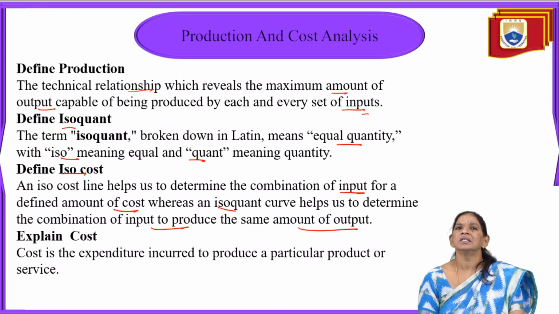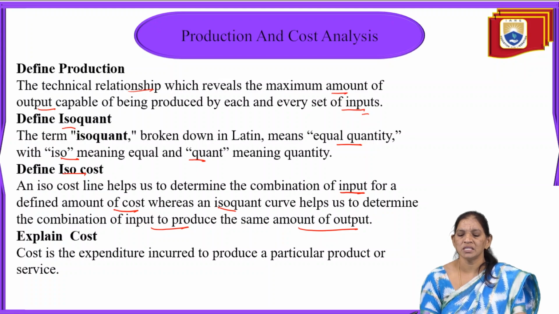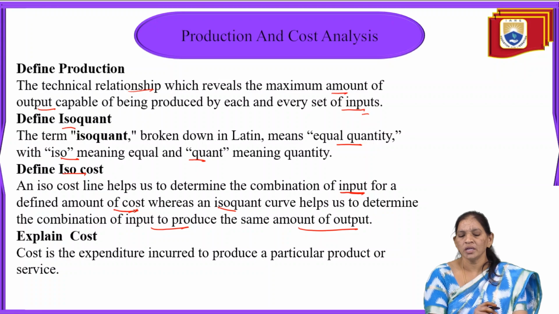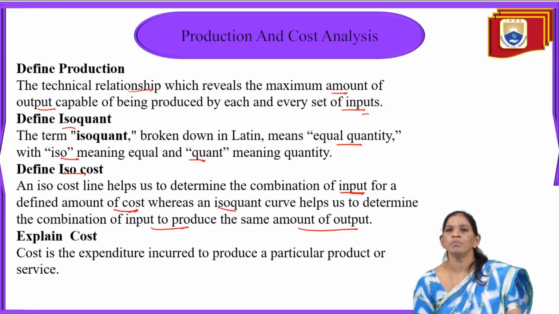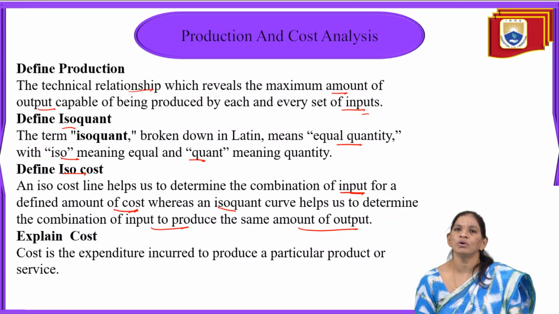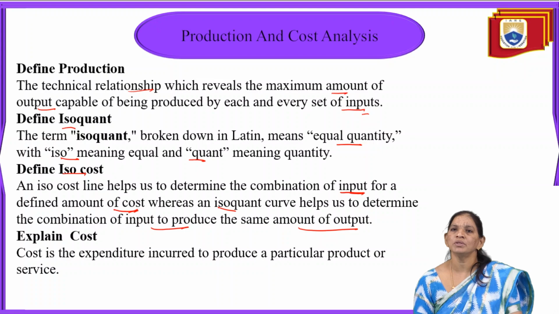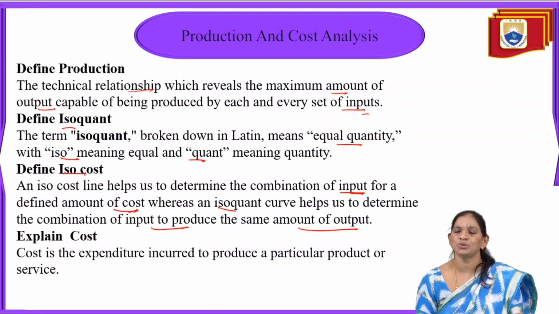We call it the equal cost, the desired cost to be maintained. So we see the determination of inputs with the cost, where it determines the various combinations of inputs with which we are able to get the same amount of output with the same amount of cost. Inputs and cost are equated with the desired amount of cost. We call it isocost.